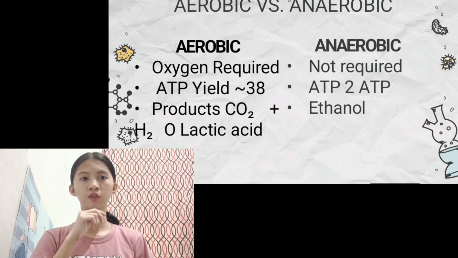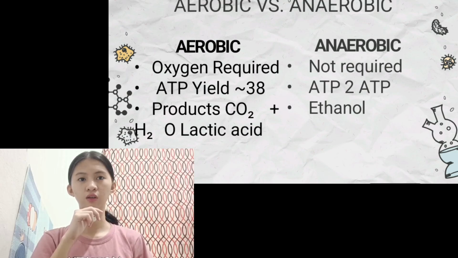Aerobic respiration requires oxygen and involves glycolysis, the Krebs cycle, and the electron transport chain, yielding approximately 38 ATP molecules per glucose molecule, with carbon dioxide and water as byproducts.